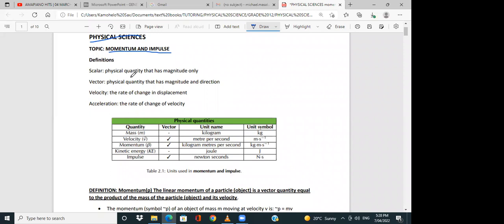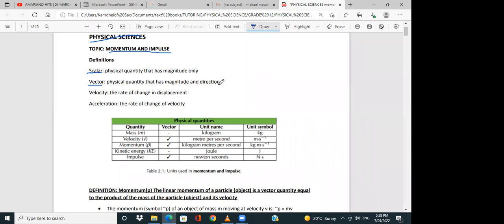We have two types of physical quantities, namely the scalar quantity and the vector quantity. The scalar quantity is the physical quantity that only has magnitude, and the vector quantity is a physical quantity that has magnitude and direction.